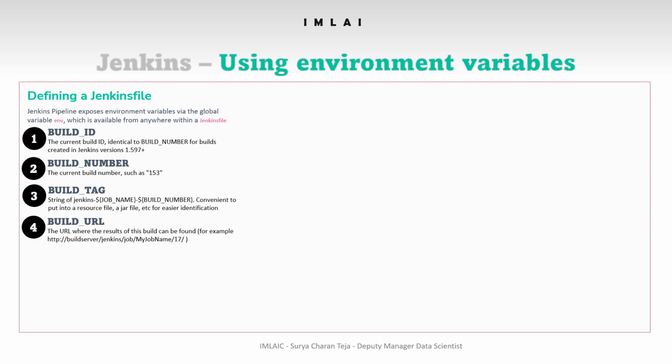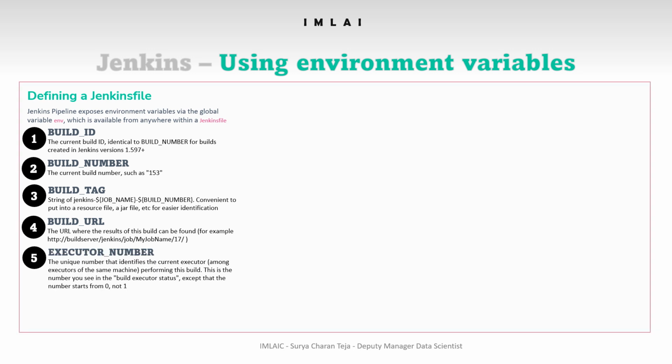Then BUILD_URL, the URL where the results of the build can be found. And EXECUTOR_NUMBER, the unique number that identifies the current executor among executors of the same machine performing this build.